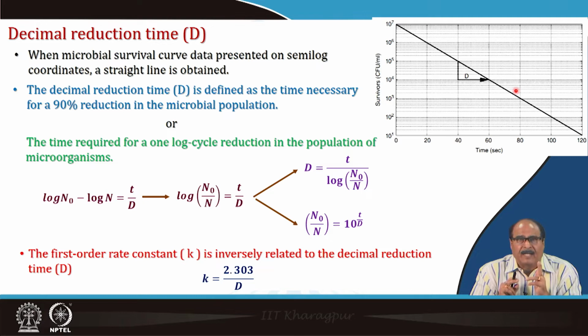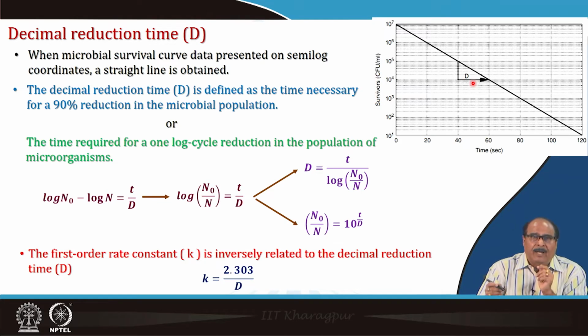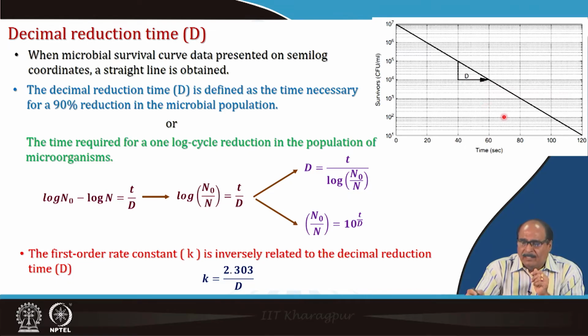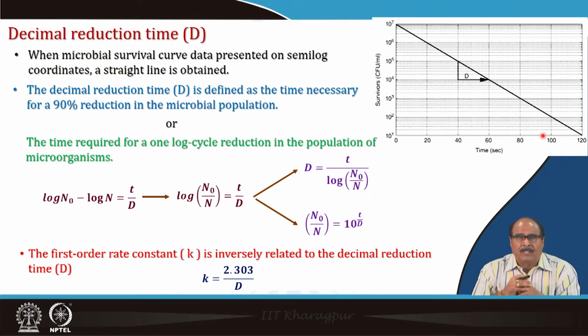It is defined as the time necessary for a 90% reduction in the microbial population, or the time required for the survivor curve to traverse 1 log cycle, or for the reduction of the population of microorganism by 1 log cycle.